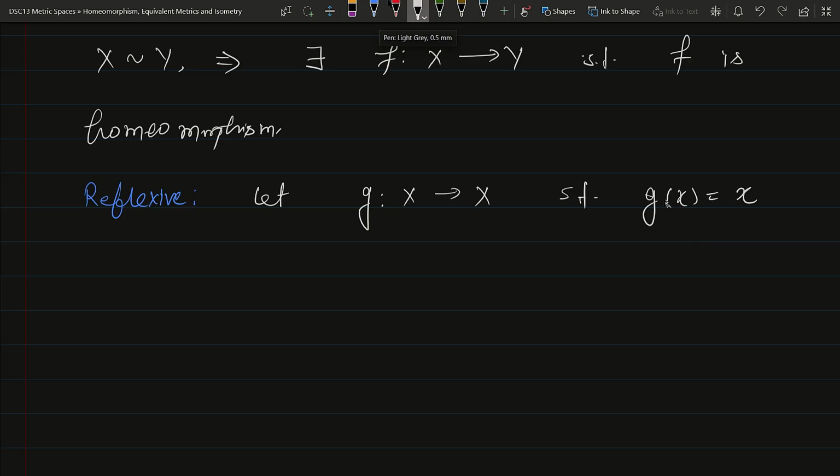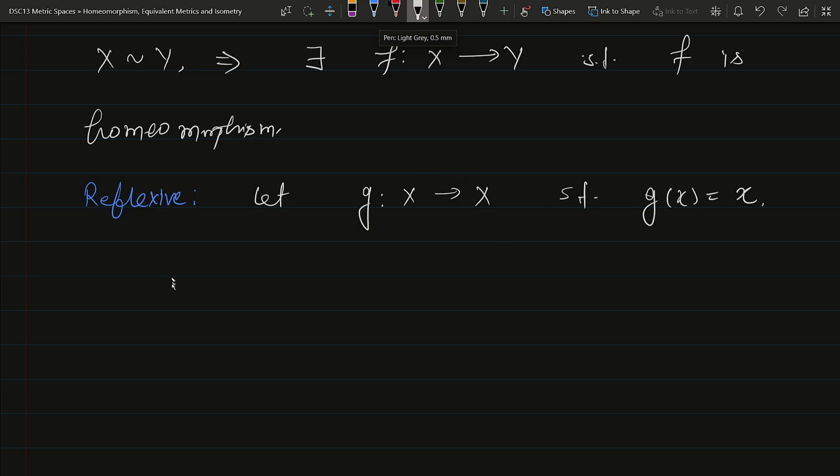Obviously this function is one-one and onto, and this is the identity mapping from X to X, so it is continuous, and its inverse we define in a similar way, Z inverse of x is the same as x. So we can say Z is a homeomorphism from X to X, and hence you can identify the identity map for every metric space as a homeomorphism from the metric space to itself.